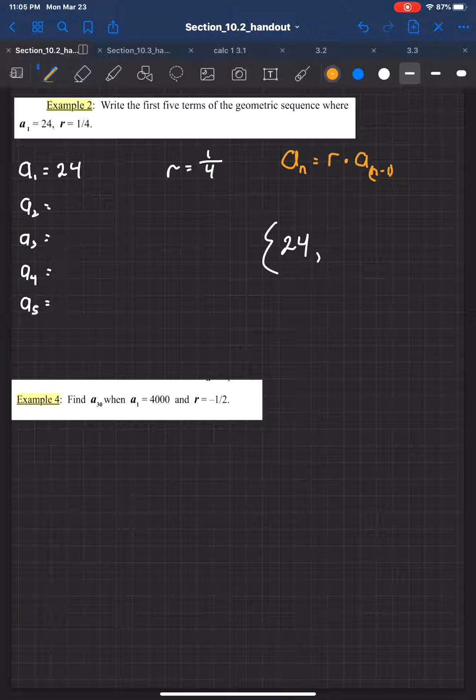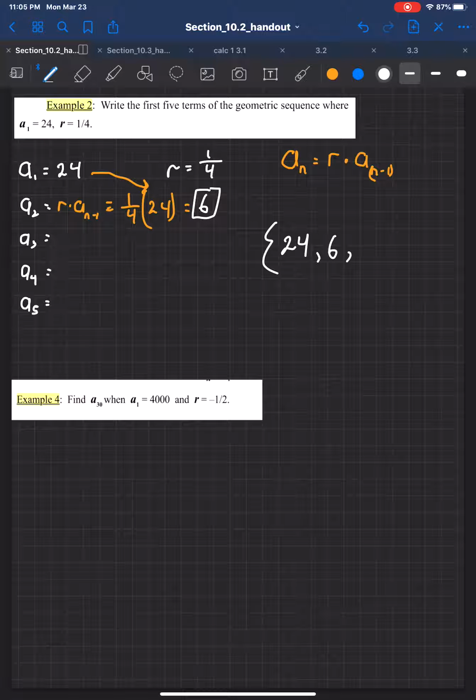So this is going to be r times a sub n minus 1. So this is going to be 1/4 multiplied by, what's the previous term? Well, the previous term is 24. So in this case, a sub 2 is going to be 1/4 of 24, which is 6.